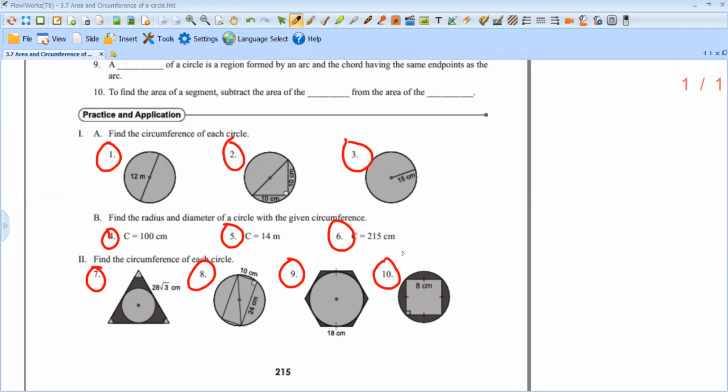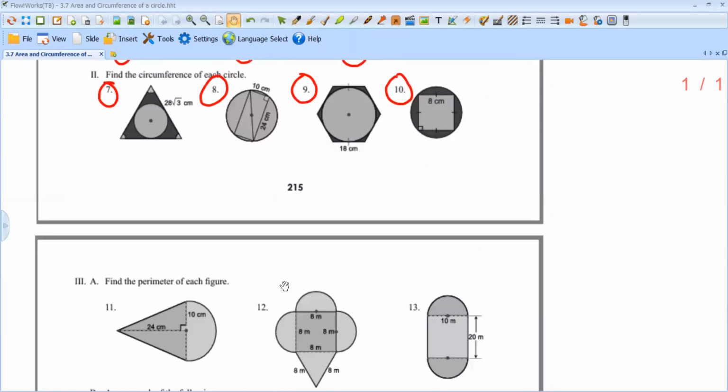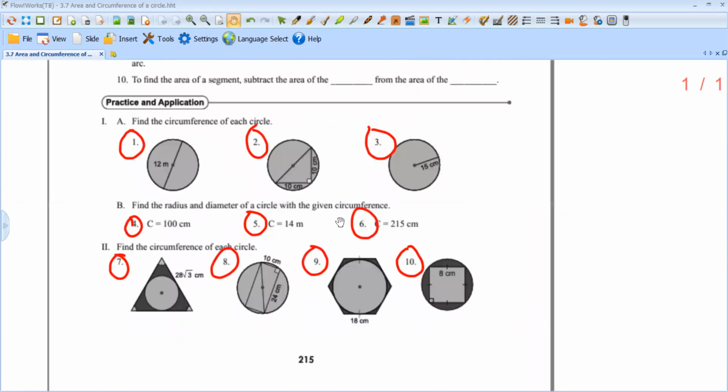You are not applying the sector. You have to do this first, 1 to 10, all right? Numbers 1 to 10, page 215.